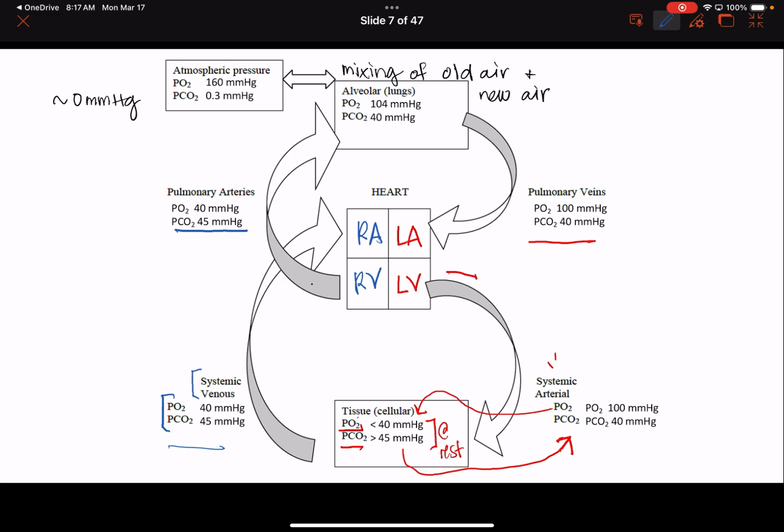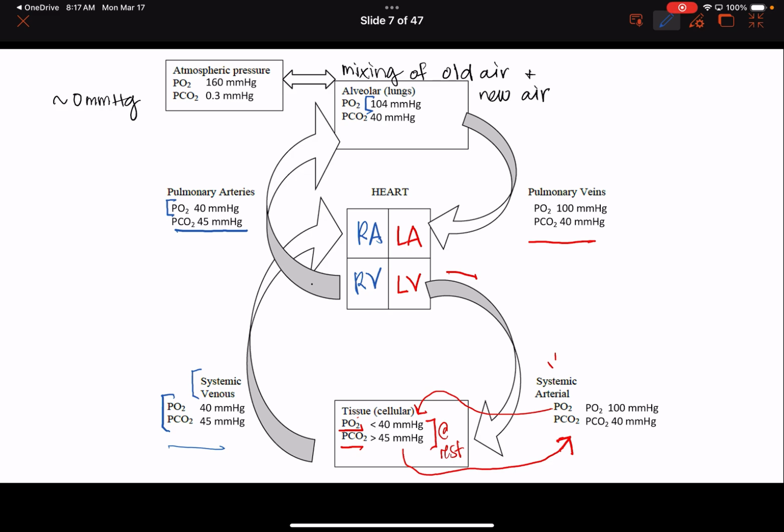And then we're back to the lungs and we're exchanging gases again. We'll talk about that whole pressure gradient and the way oxygen moves here again. So our pulmonary arteries, which are now approaching the capillaries of the lungs on the arterial side, have a PO2 of 40. And inside the lungs at the alveoli, PO2 is 104. So which way is oxygen going to want to move? Towards the blood or towards the lungs?